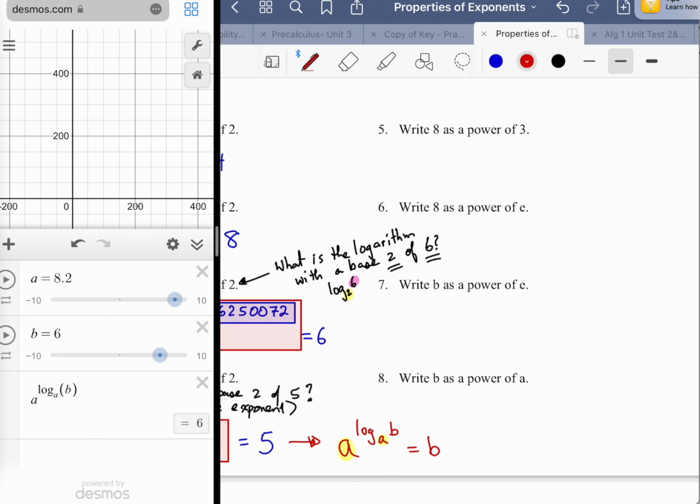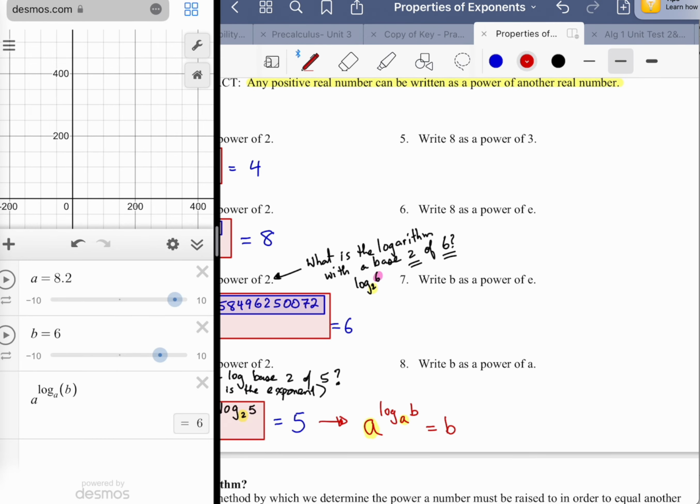But anyway, writing 8 as a power of 3, very easy now. So 3 to the log base 3 of 8 is going to be equal to 8. All right. But then we get into base e. All right, writing as a power of e. So this would be the same as saying e raised to some number would give us a result of 8.